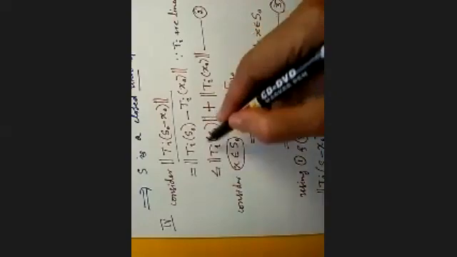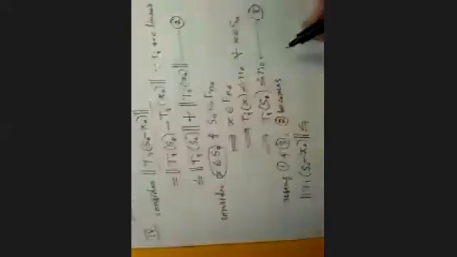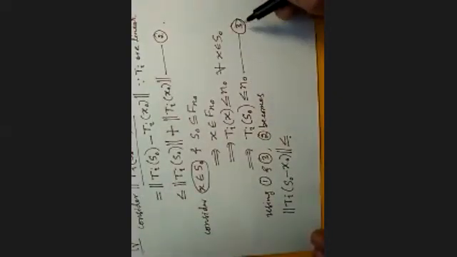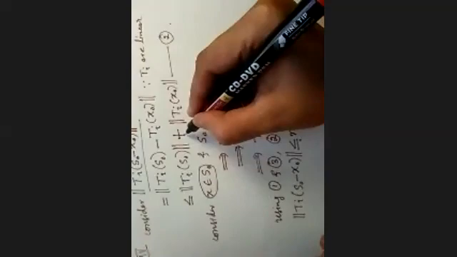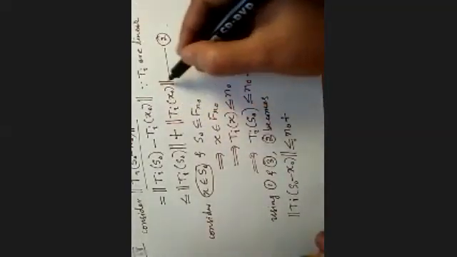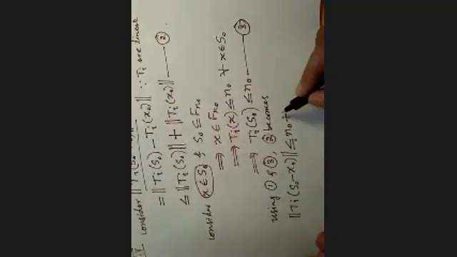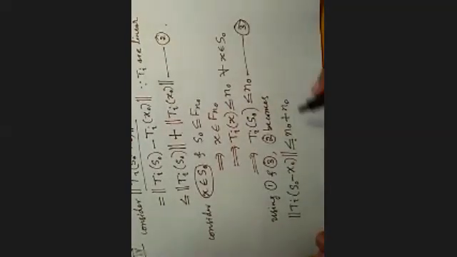Then this one is lesser than or equal to N naught, and plus in 2 I have plus Ti of X naught, this is less than or equal to N naught, that is by 1, and we get that is equal to 2N naught.